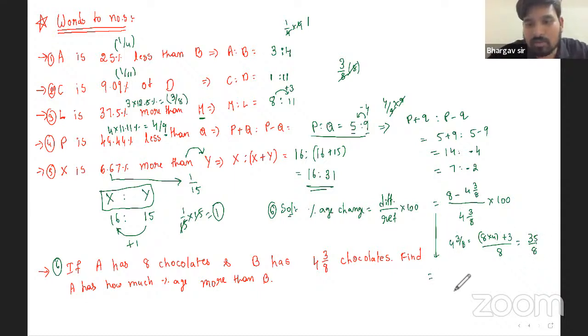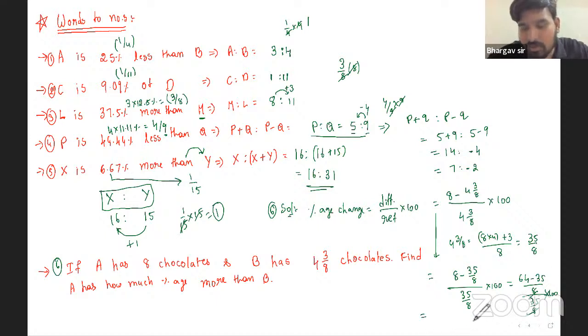Now 8 minus 35/8 upon 35/8 into 100. This is 64 minus 35 upon 8 upon 35/8 into 100, right? 64 minus 35 would be 29 upon 35 into 100.